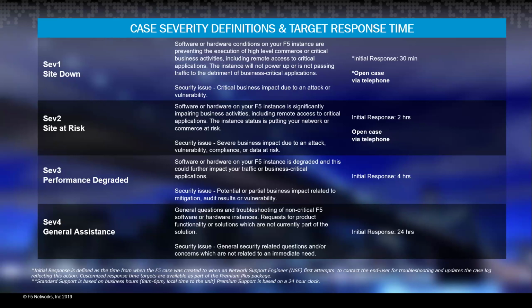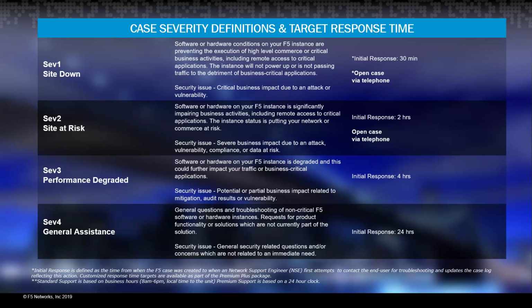You can raise it as performance degraded. General assistance is any general question or any new configuration question. You are trying to configure something, you want some clarity on a particular document or what this does, you can raise it as general assistance.